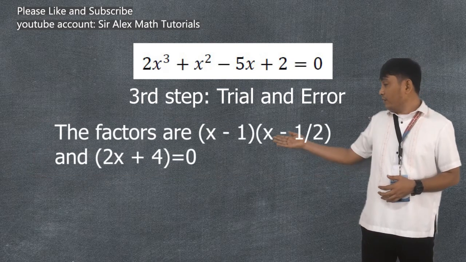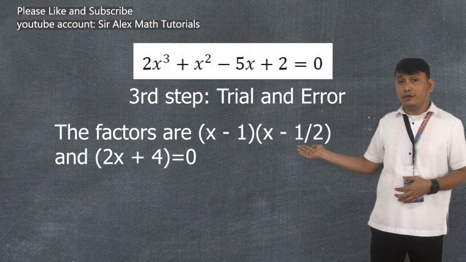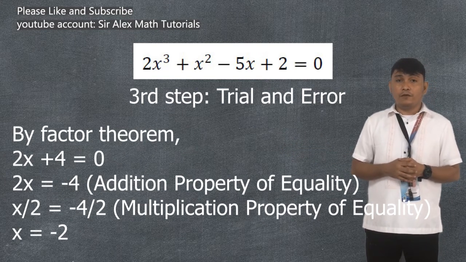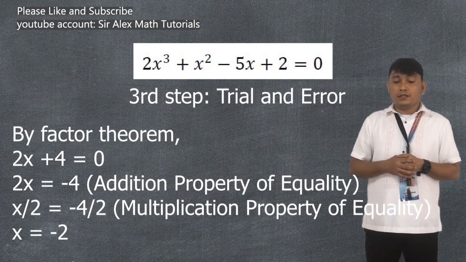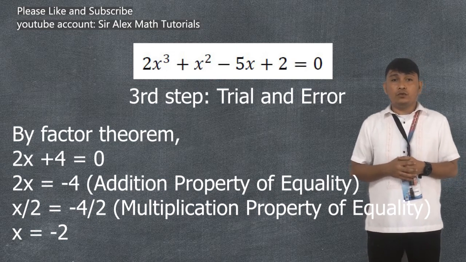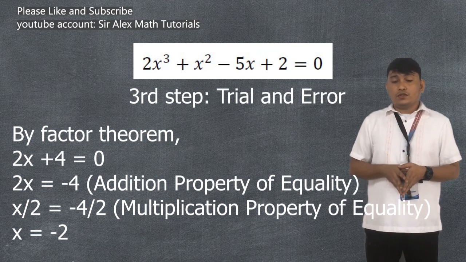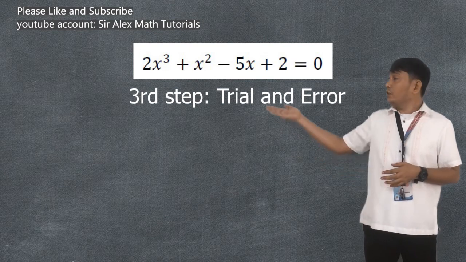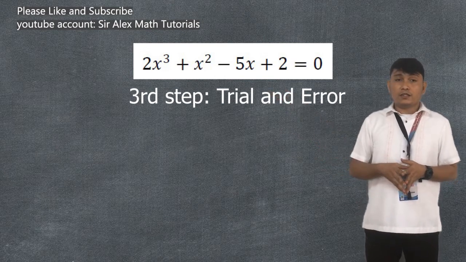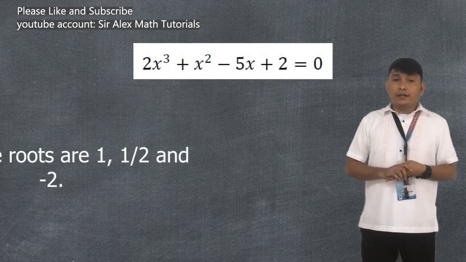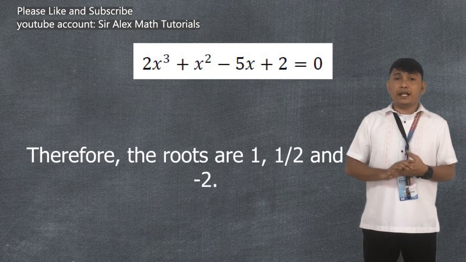And the answer is 2x plus 4 is equal to 0. And by factor theorem, 2x plus 4 will become x is equal to negative 4 divided by 2, and it will become x is equal to negative 2. So therefore, the roots of the polynomial equation 2x cubed plus x squared minus 5x plus 2 is equal to 0 are 1, 1/2, and negative 2.